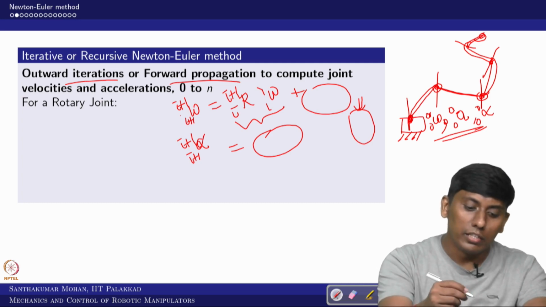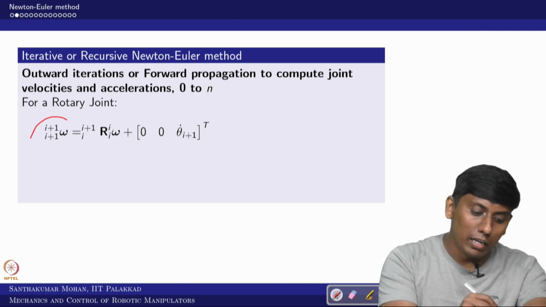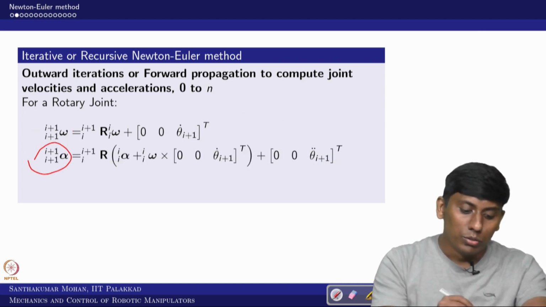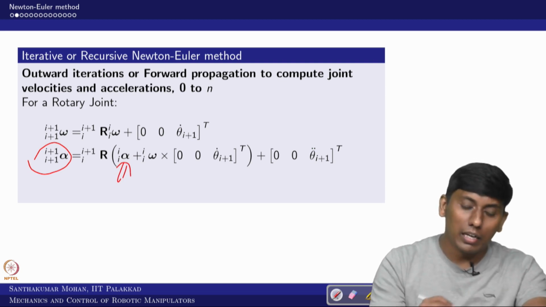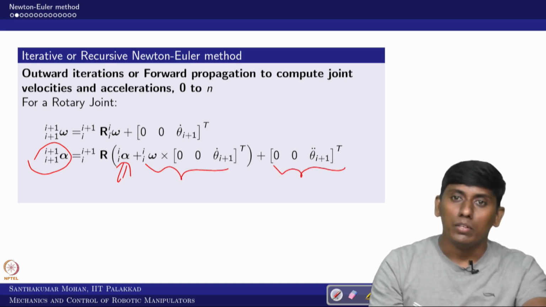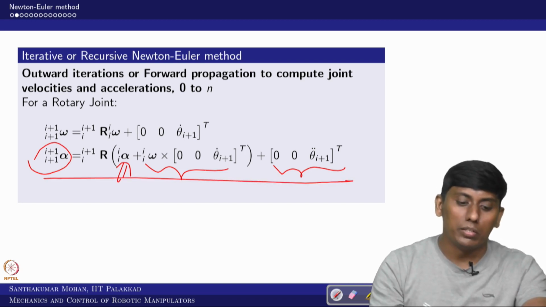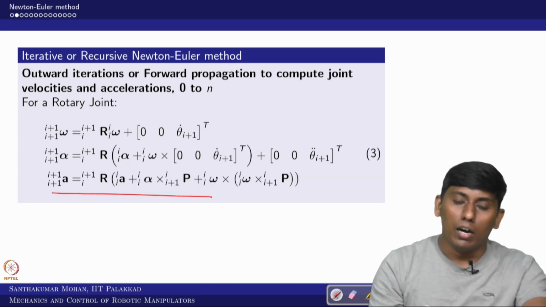So we are computing the angular velocity as well as the angular acceleration. You can see the previous joint angular acceleration, the gyroscopic effect, and in addition the active joint acceleration. These three come into the picture. If it is linear, the linear acceleration which we are interested in is this.